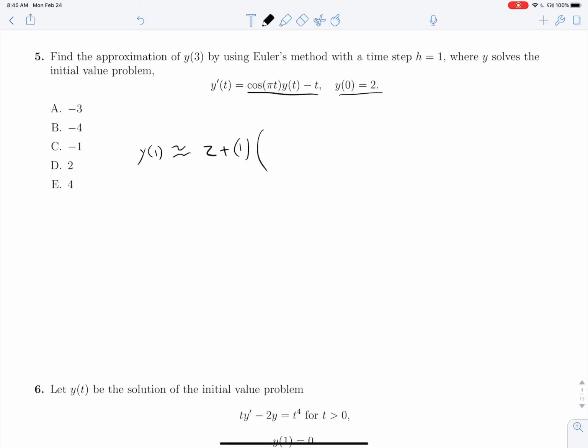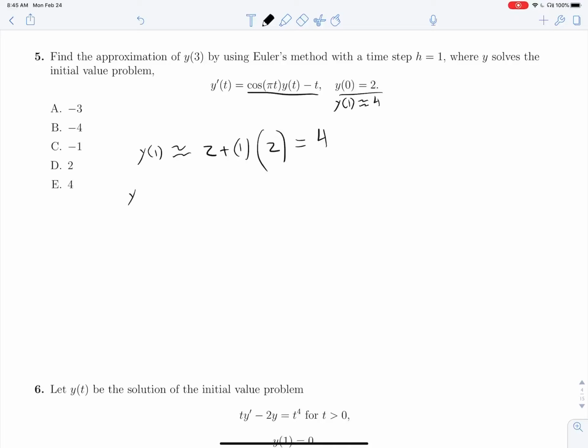So that will be cosine of 0, which is 1, times y of t, which is 2, minus t, which is 0. So this will be 2. So overall, we have a new y value of 4. So now we're looking at y of 1 is approximately 4.